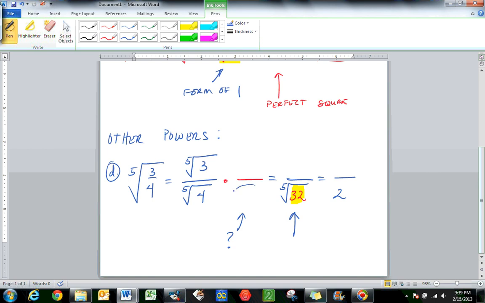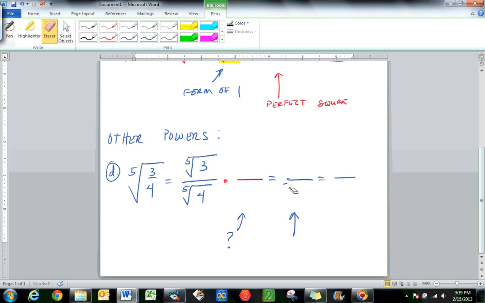So what do I have to put right here that's going to give me the 32 right there? And so that is the huge challenge of rationalizing the denominator of a root that's higher than a square root.